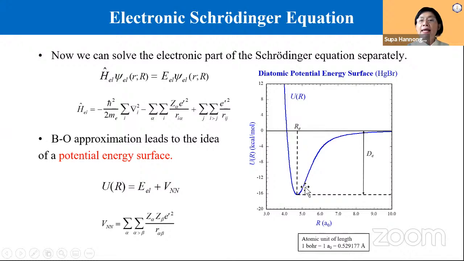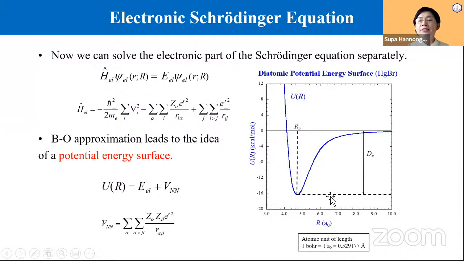And if you go further to longer distances, you can see the energy needed to make the two atoms far away is about minus 16 kcal per mole.